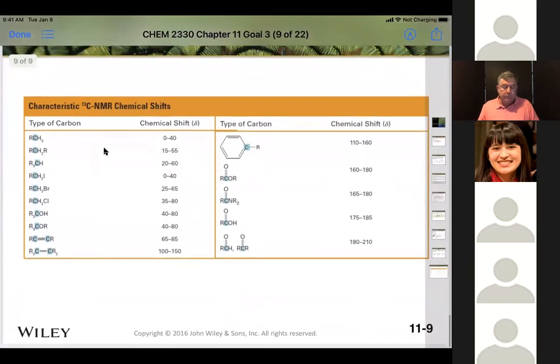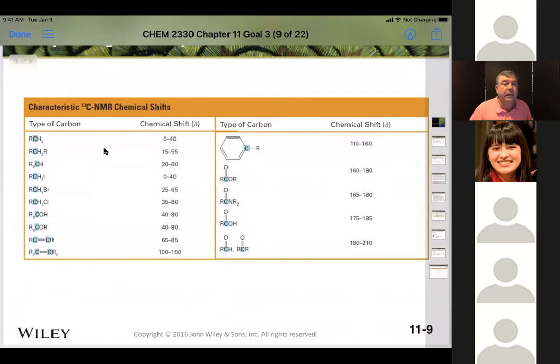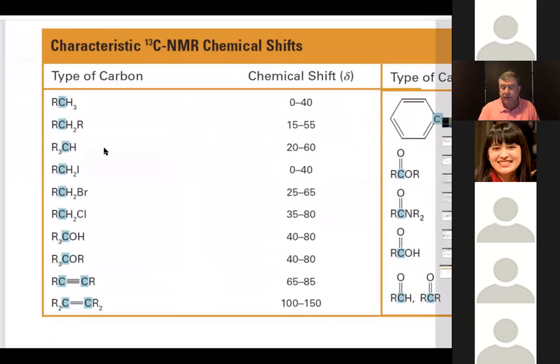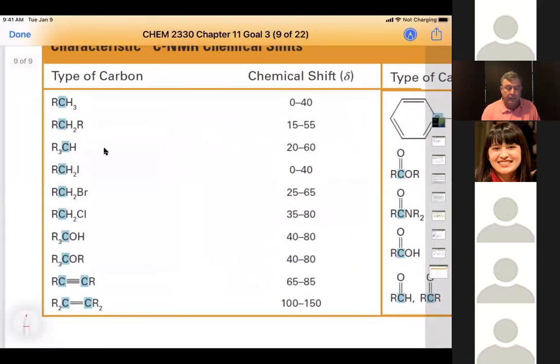So here are some more shifts that can help guide this. But remember, those principles that I talked about are the same right here. When we look at our CH3s, the carbons that have hydrogens on them and only hydrogens on them are going to be shifted lowest, closest to 0. Just taking one of those hydrogens off makes it shift up to above where we see the methyl group by itself.